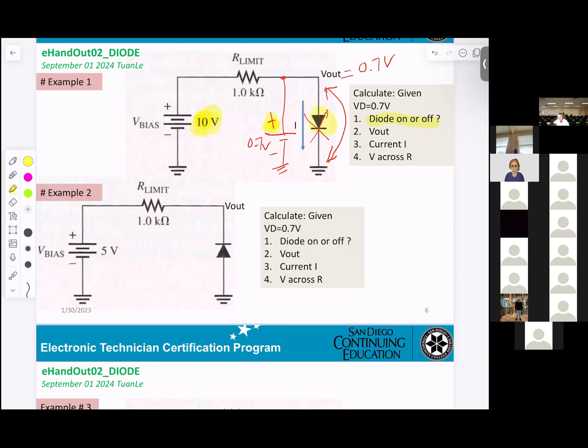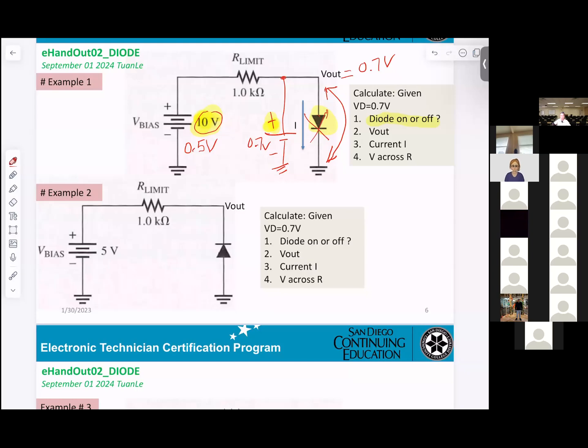So, if I give an example, instead of 10 volt I now give here 0.5 volt. What happens to the diode?